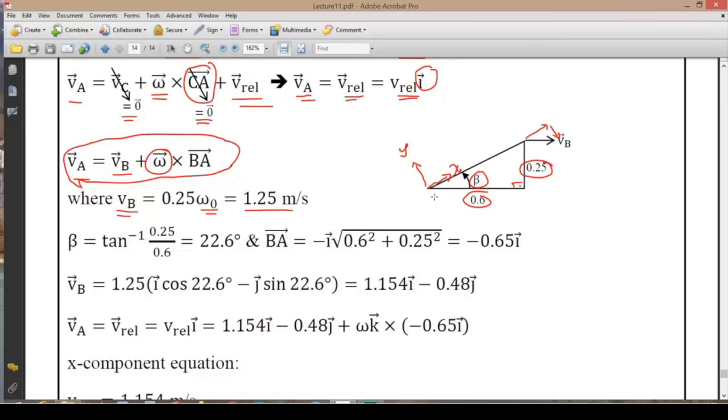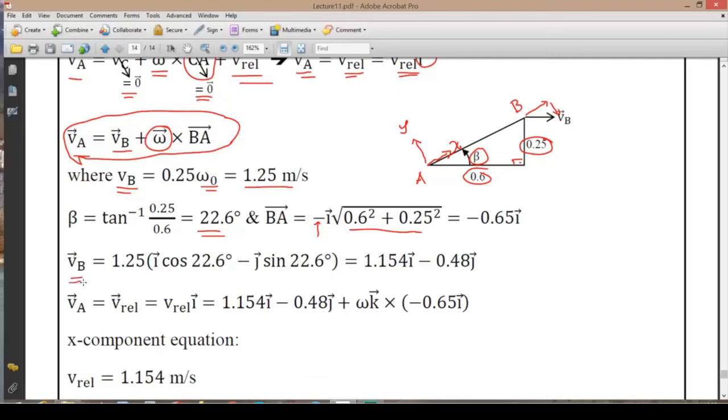So beta angle should be calculated by these lengths of 0.25 and 0.6. It is calculated as 22.6. And BA length is calculated based on this trigonometric equation. And this is point B, this is point A, and this is our axis XY. From B to A, we move in the negative direction of X. That's why we have a negative sign right over here, negative I direction, and this is the magnitude of that from our trigonometry.